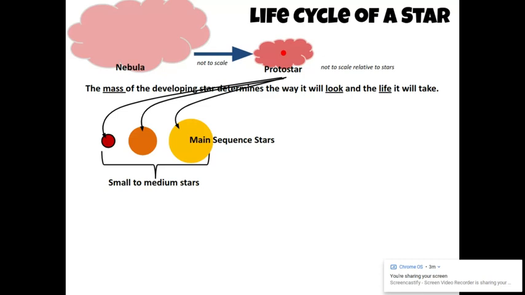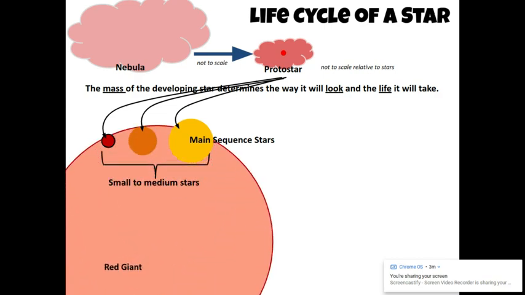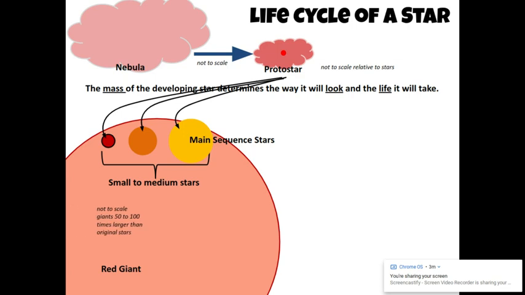Once that star dies, it will implode on itself and expand out those gases to a red giant. That red giant eventually will lose all its gases and just leave behind a white dwarf.